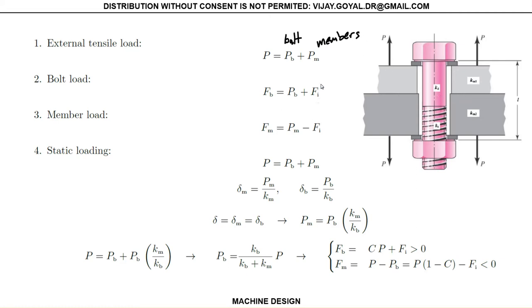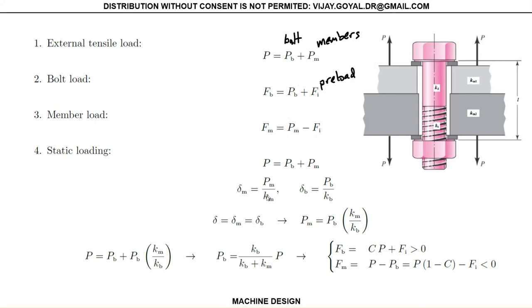And then this is preload. The total load then acting on the bolt, if we have the preload, will be PV plus FI. The load acting in the member will be PM minus FI.